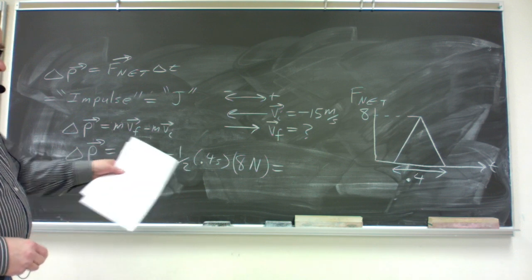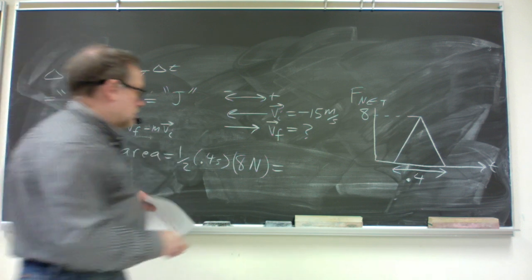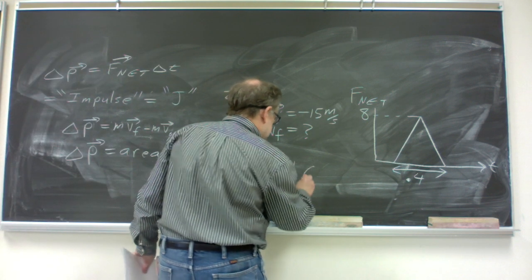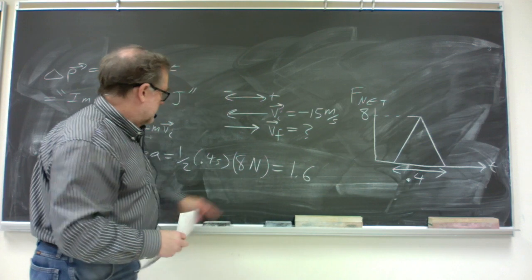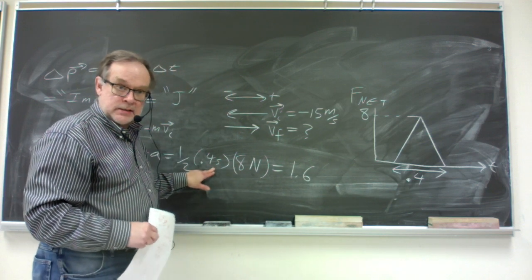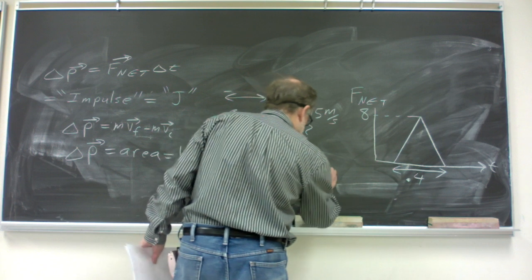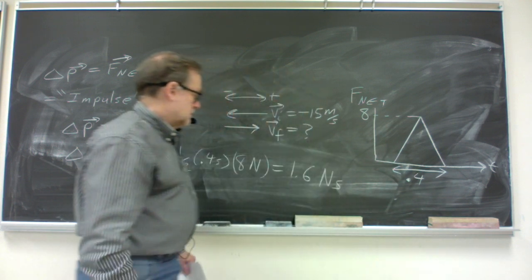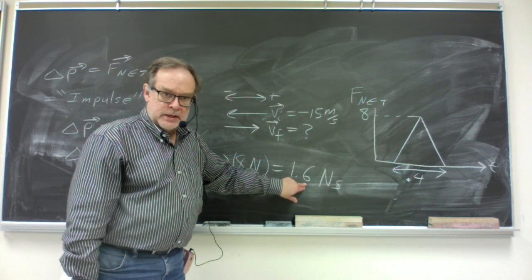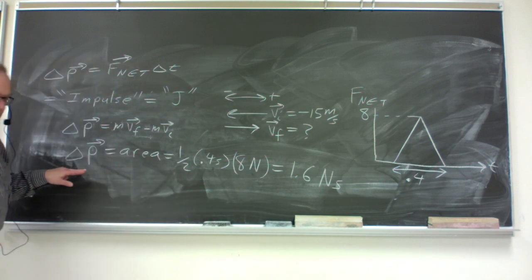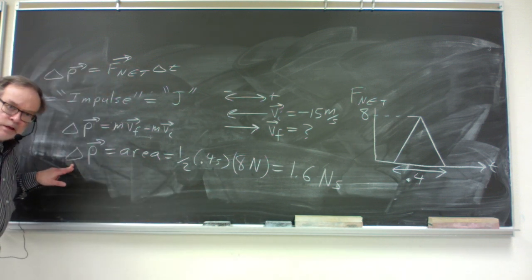And then you do all the multiplication there, and you come up with 1.6 what? Newtons times seconds. 1.6 newtons times seconds is a change in momentum.